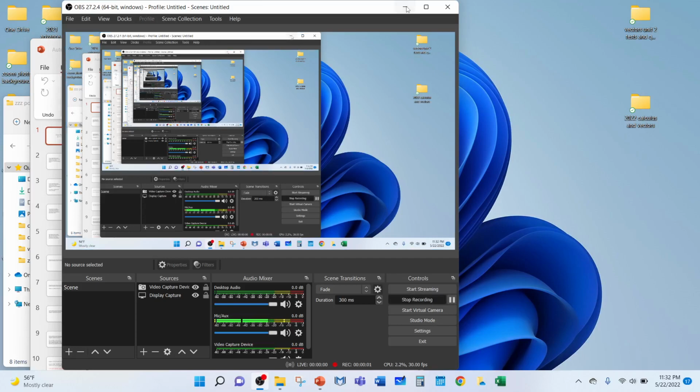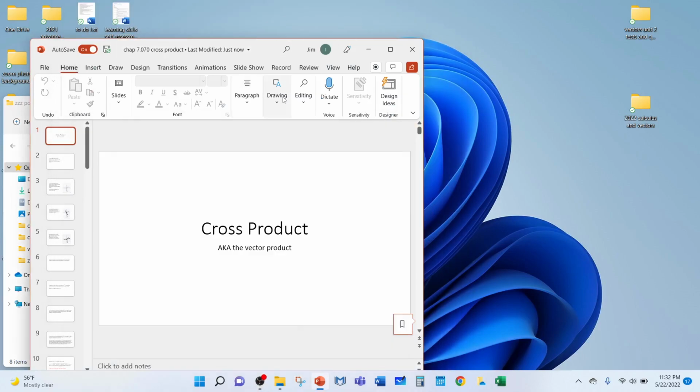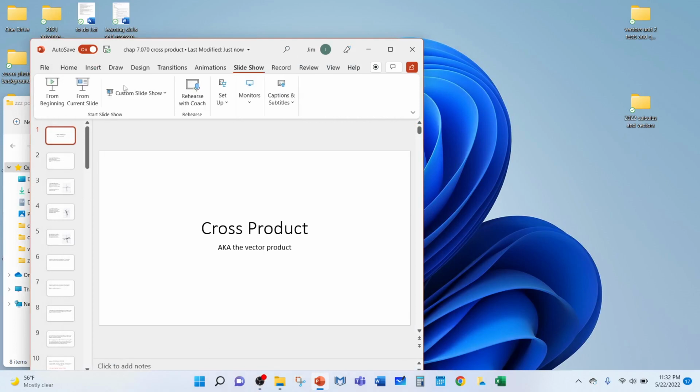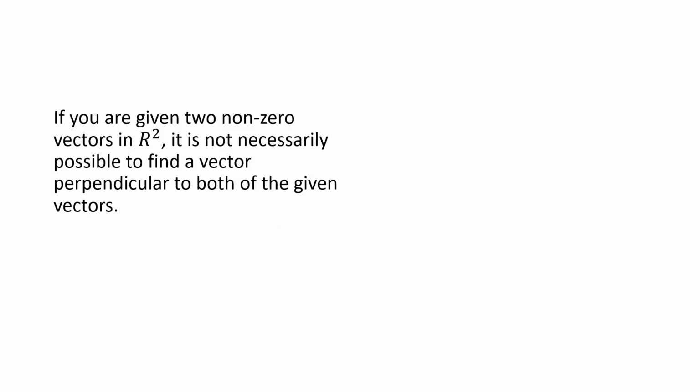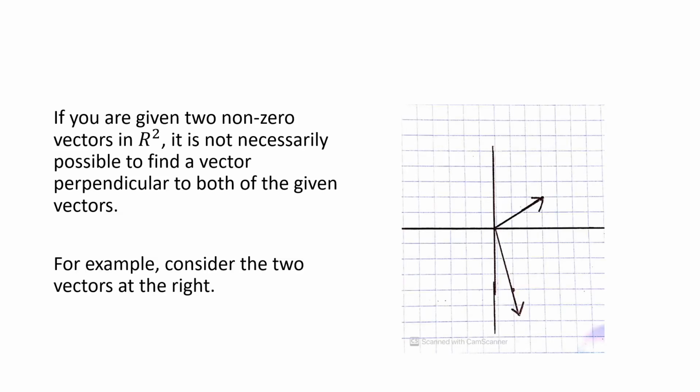In this video, we're going to talk about the cross product, which is also called the vector product. If you're given two non-zero vectors in R2, it's not necessarily possible to find a vector perpendicular to both of the given vectors.